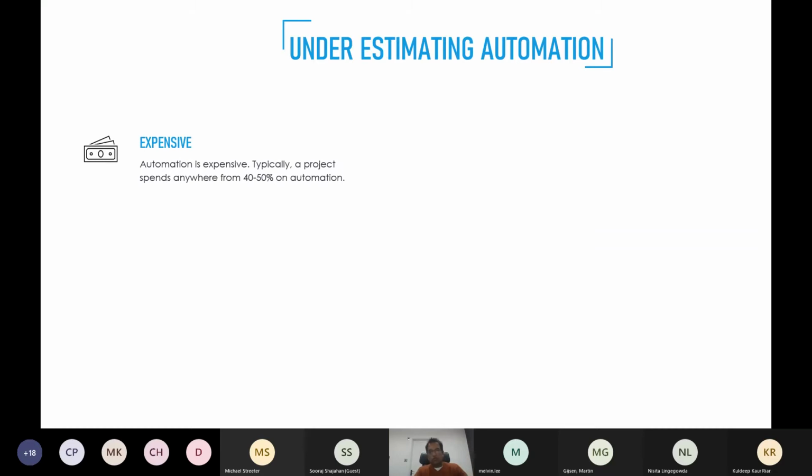First, let's look at the overview about what are the issues at a high level. Automation is expensive. It is important you acknowledge this. The reason being, let's say you have a Scrum team consisting of 5 people, 3 devs, 1 BA, and 1 automation engineer.